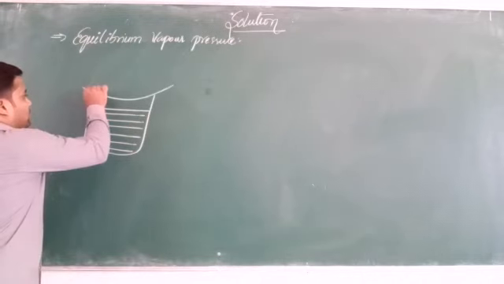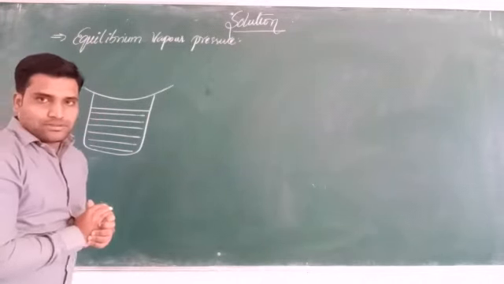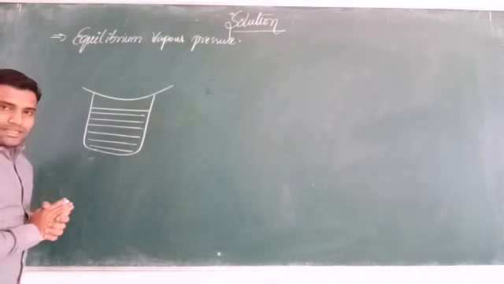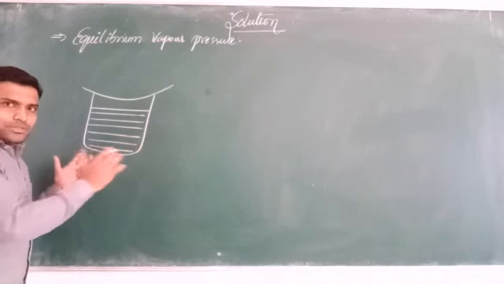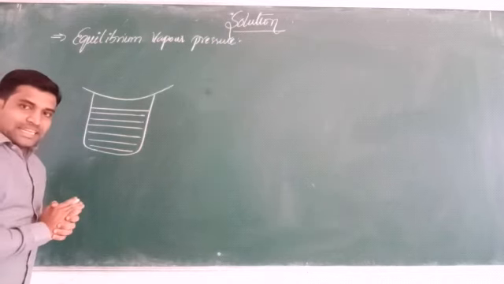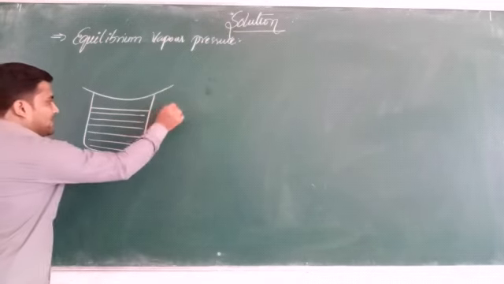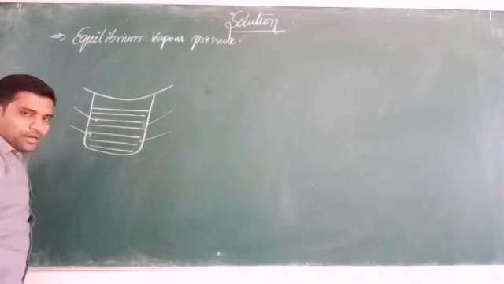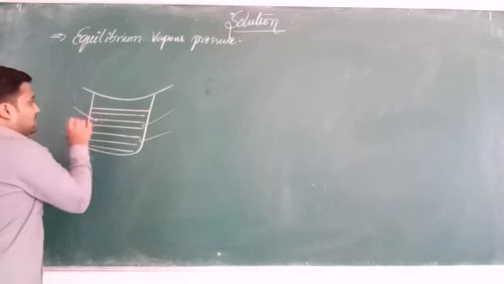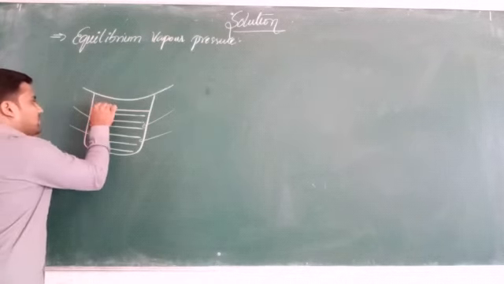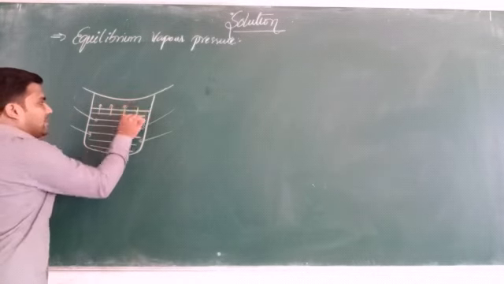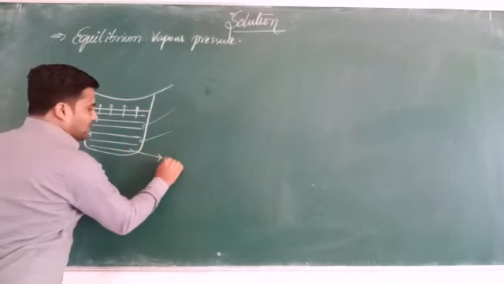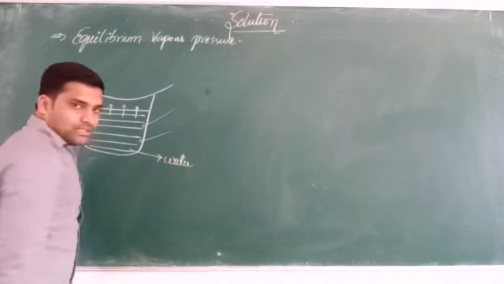Okay, now what happens? See, if you simply keep it, there is heat in the atmospheric surroundings, correct? So it absorbs that heat, they will absorb heat from the surroundings and this liquid starts to evaporate, right? If you take water here, you know water is a solvent.